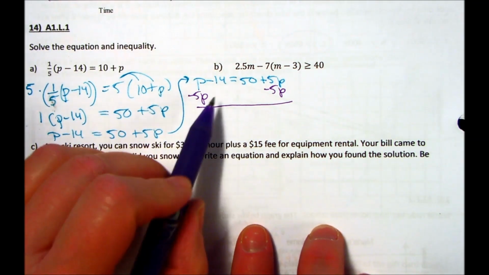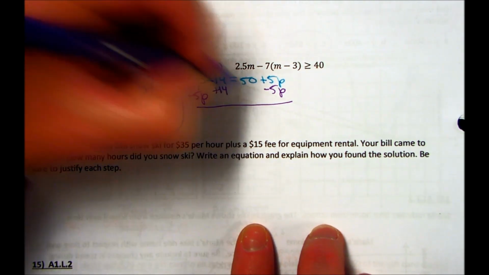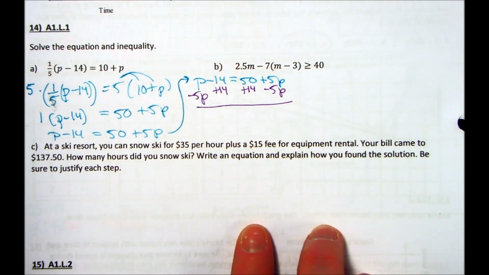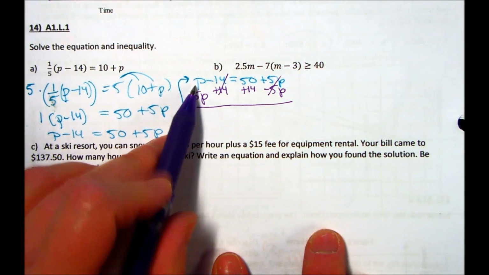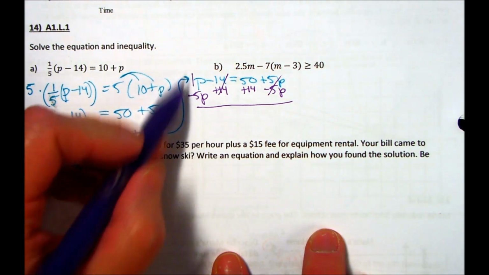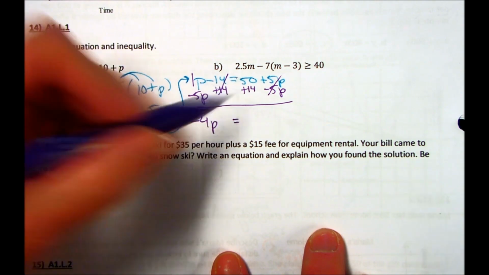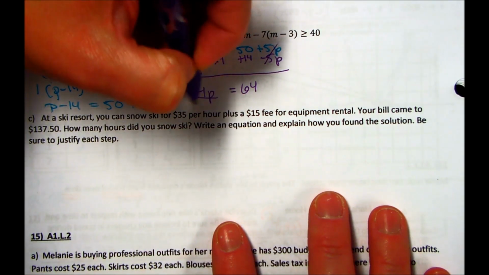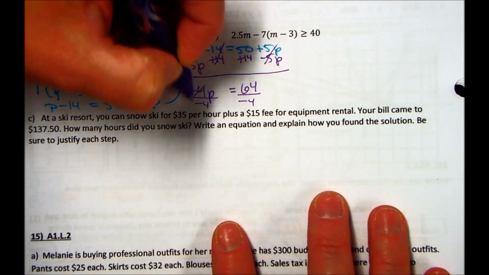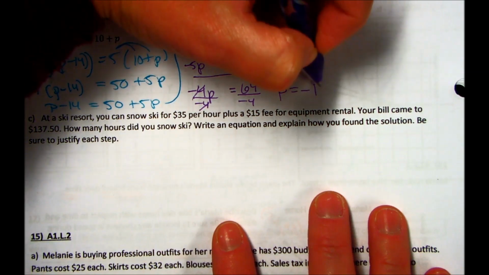But I'm also going to eliminate the negative 14 from the left by adding it, but again you have to add it to both sides, so that's going to cancel out this and that. So the 1 is your coefficient here. 1 minus 5 would be negative 4p, and then 50 plus 14 will be 64. So then when we divide by our negative 4, we'll get p equals negative 16.